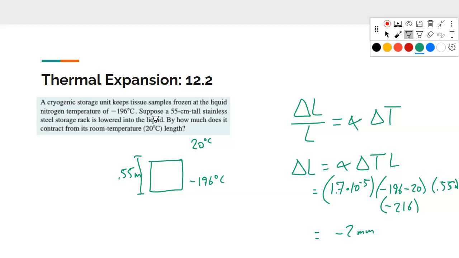But we could ask ourselves, what would happen if you had a 50-meter long bridge? Now you're changing by 2 orders of magnitude. So this goes from 2 millimeters to 200 millimeters, which is 20 centimeters. So a pretty sizable difference.